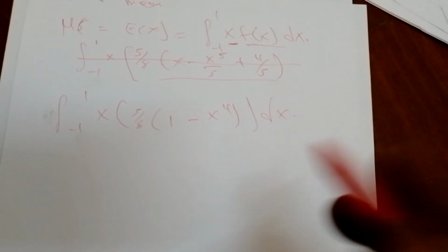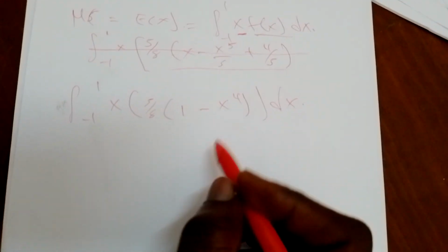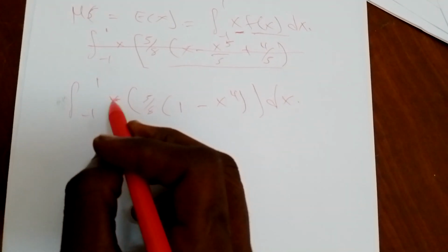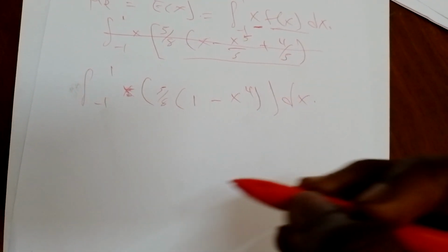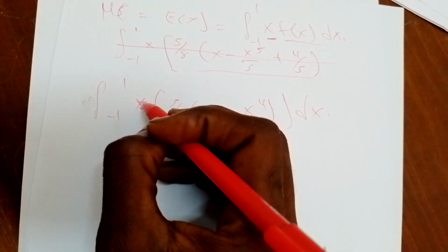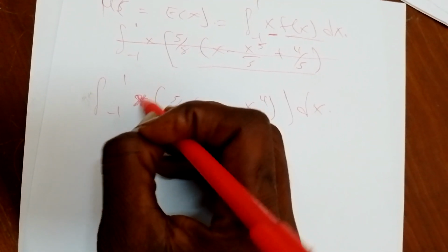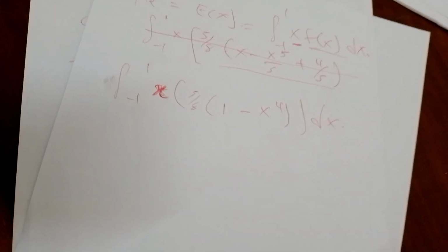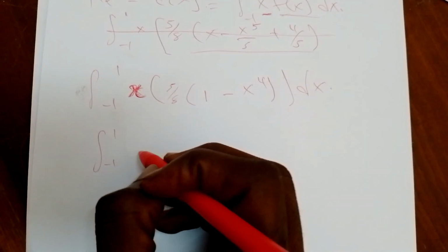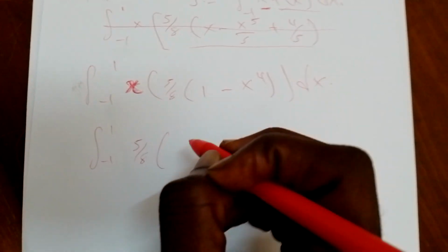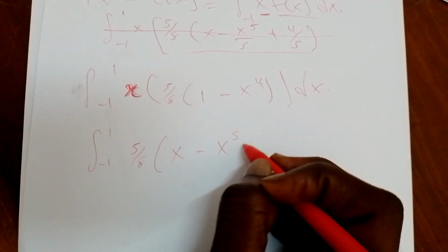With this, let's move on. Sorry, this is x, not times. I cancelled it because I thought I wrote times. So now let's multiply through. Then we get the integral from minus 1 to 1 of 5 on 8 times x minus x^5, dx.